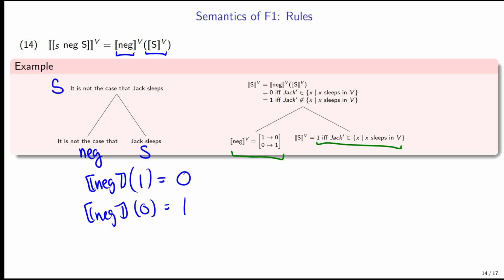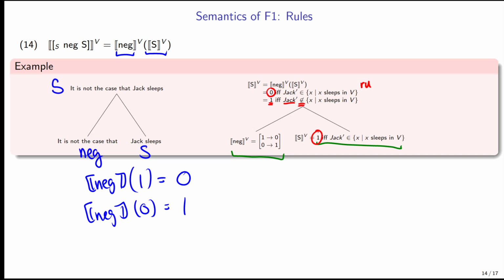So if Jack prime is an element of the set of X such that X sleeps in V. So notice here, it's true if Jack sleeps, which means when we negate it, it's going to be false if Jack sleeps. This is another way of saying that it's true if Jack prime is not an element of sleepers.